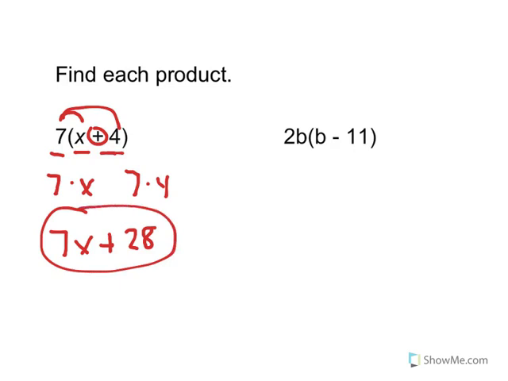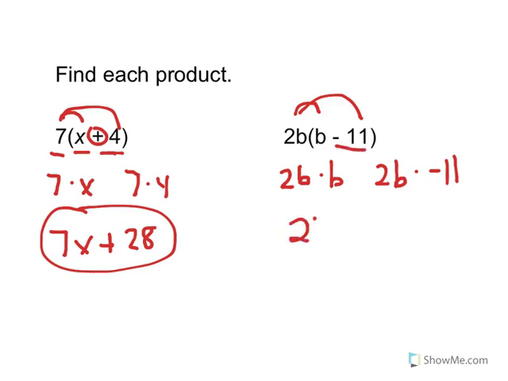Now let's take a look at the second one here. Let's take 2b times b, and we're going to take 2b times 11. So in other words, we're going to take 2b times b, and then we're going to take 2b times the negative 11. Because again, I'm including the negative with that 11 right there. So this becomes 2b squared.